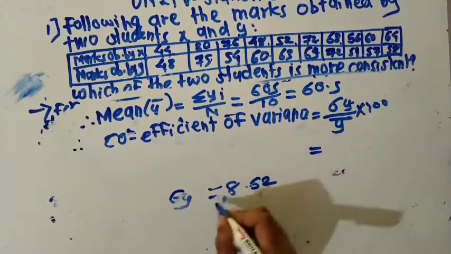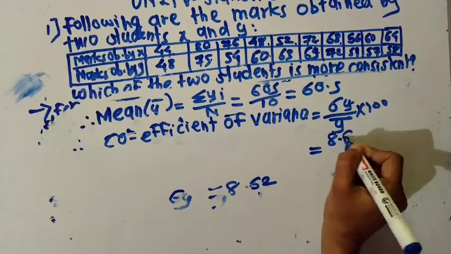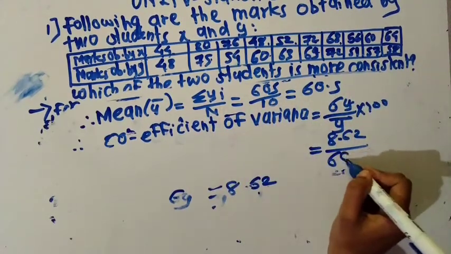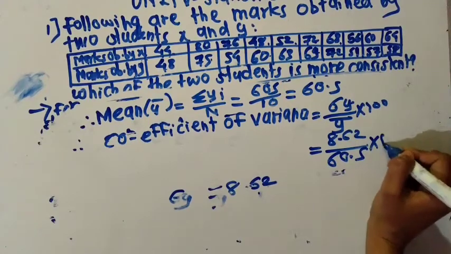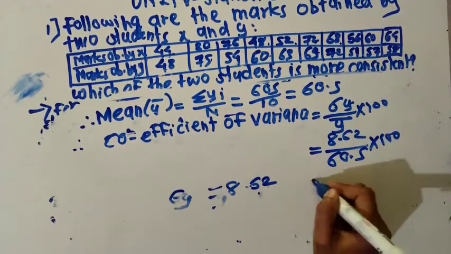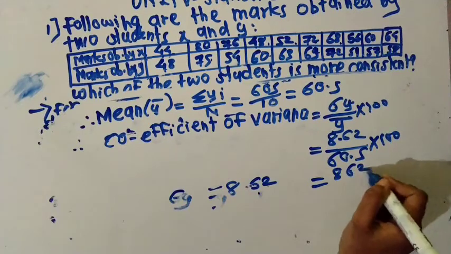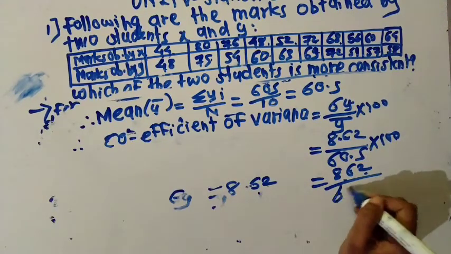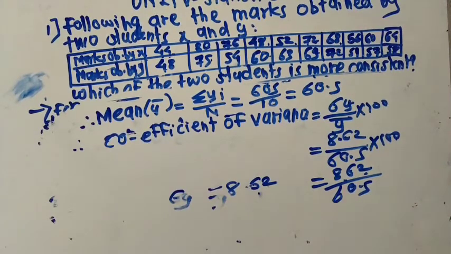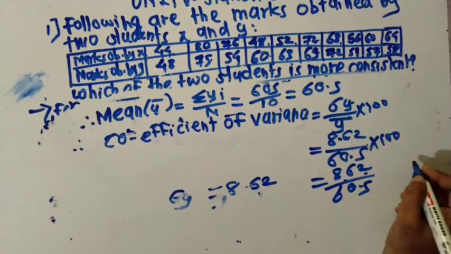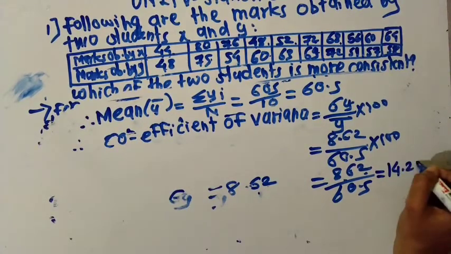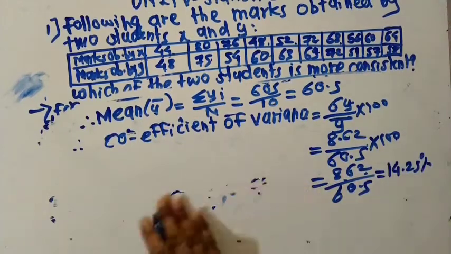So sigma y is 8.62 upon y bar, which is 60.5, into 100. So 8.62 into 100 is 862 upon 60.5, and which is equal to 14.25%.